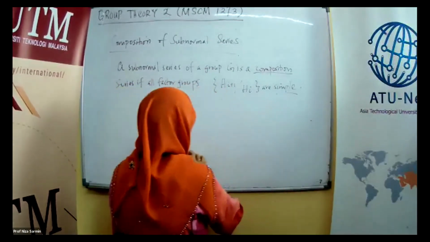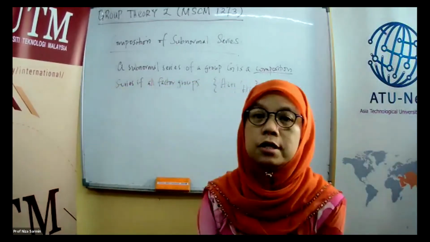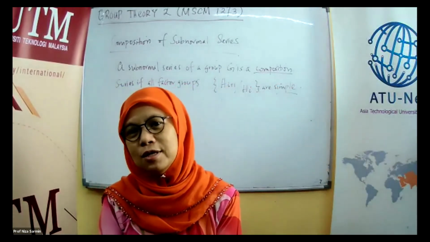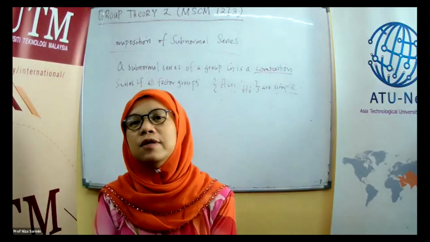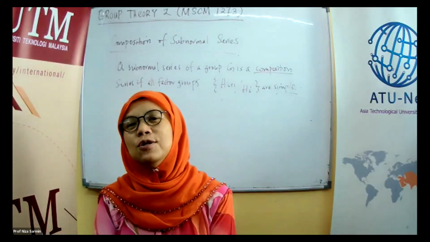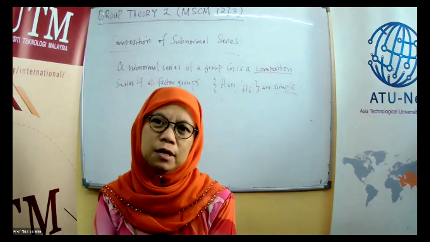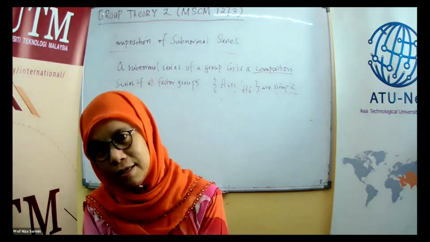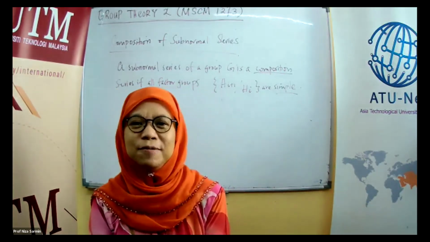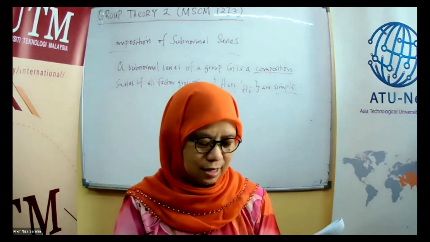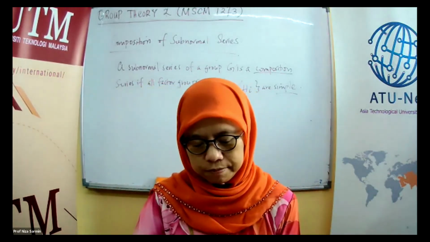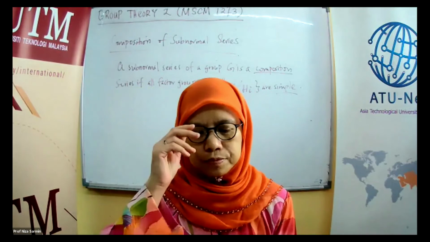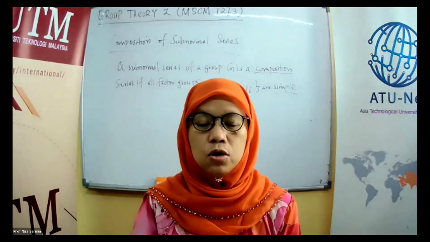And you have to remember everything about simple groups, right? If a group is abelian, it is not simple. If it's cyclic, it is not simple because cyclic implies abelian. If the order is prime, then it is cyclic, then it's abelian, then it's not simple. So this is the characteristic that you have to look at. Next, we go to composition of normal series.